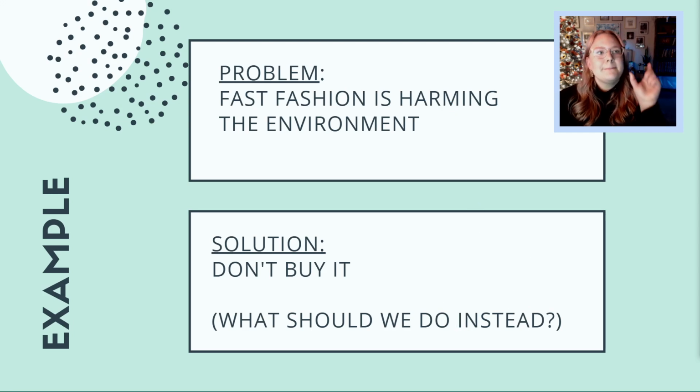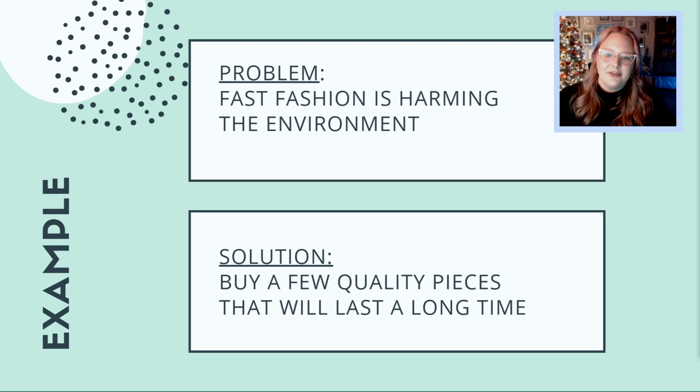Don't buy it. Again, good start, but that in and of itself is not quite a full solution. What should we do instead is the next question that I'm going to be asking myself. So then maybe my solution is to buy a few quality pieces of clothing that will last a really long time.